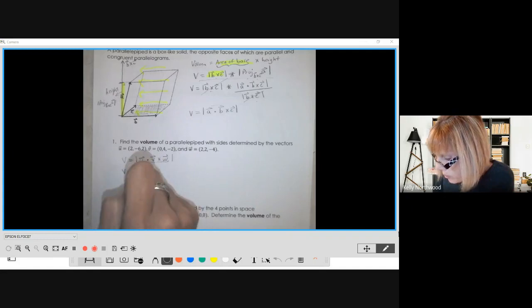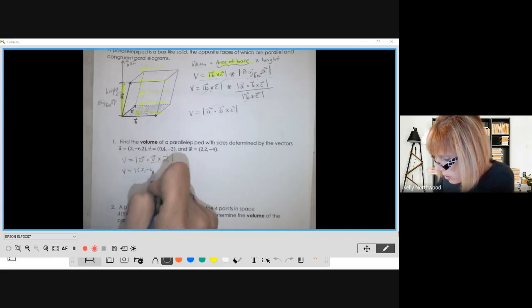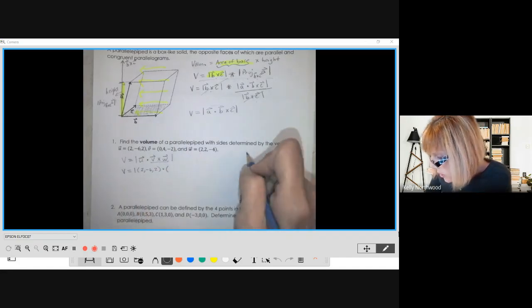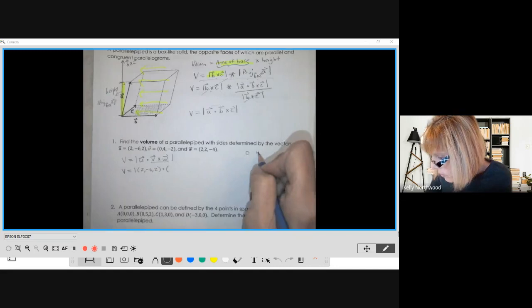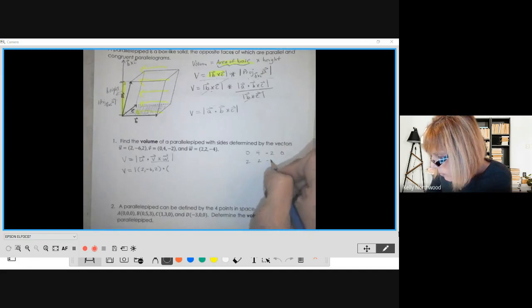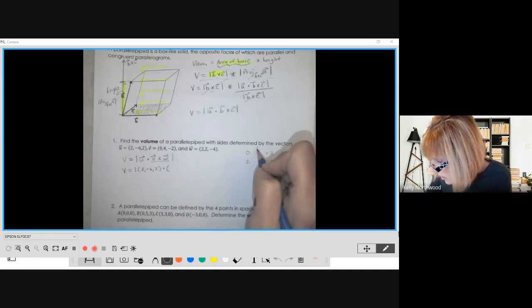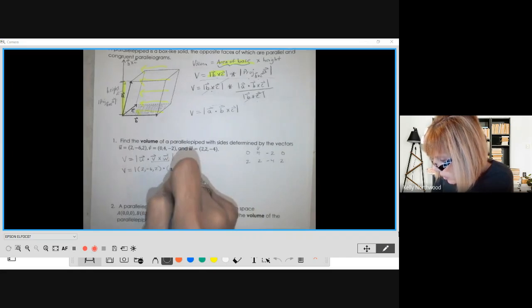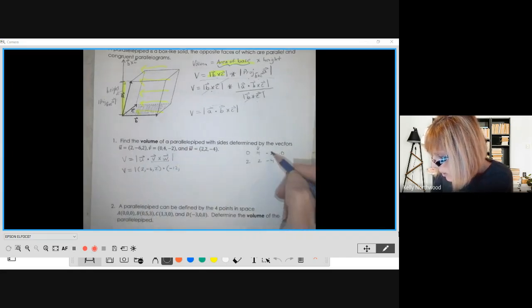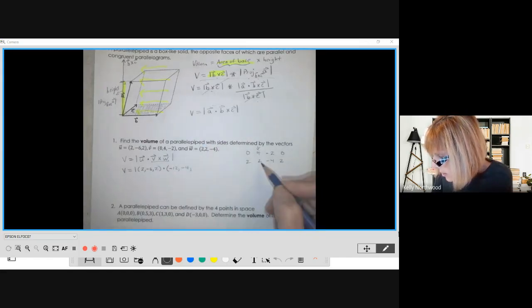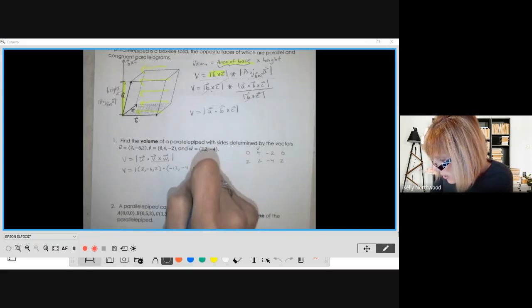So we're going to take vector U and dot it with whatever V cross W turns out to be. So on the side, I'm going to do V cross W here. So V is 0, -2, repeat the 0. I'm going to start here. So V cross W is going to be -16, subtract -4, which is -12. -4, subtract 0. 0, subtract 8.